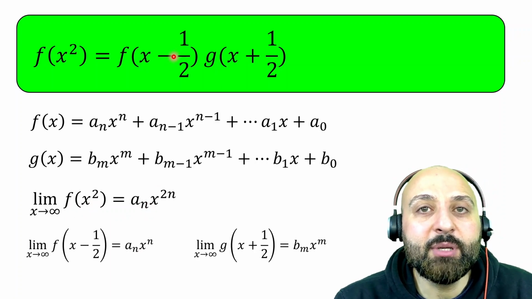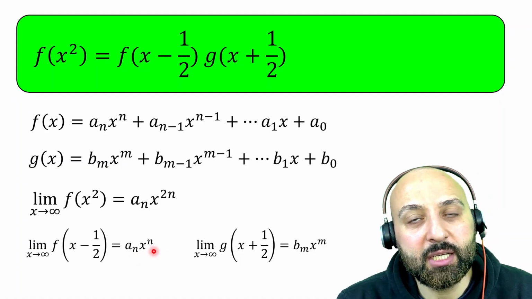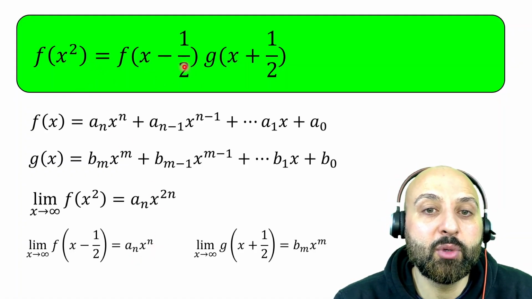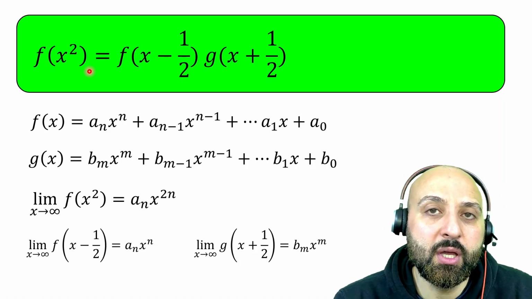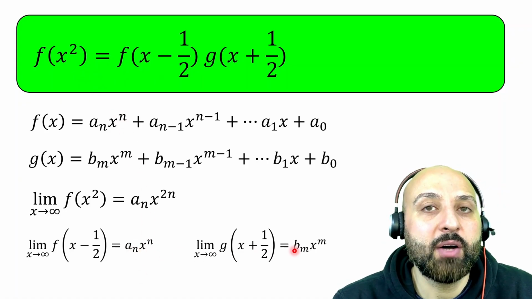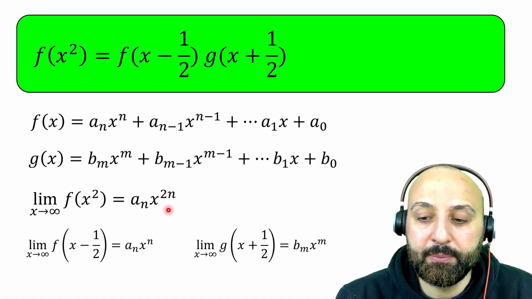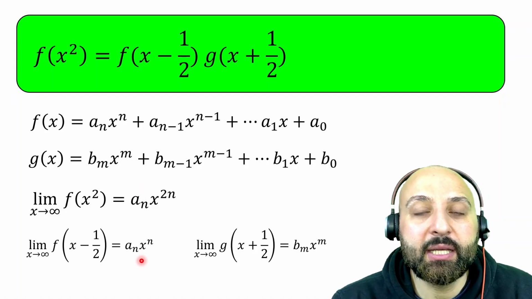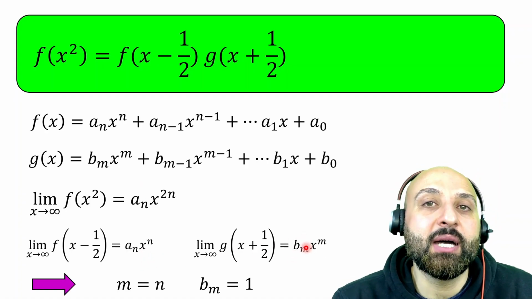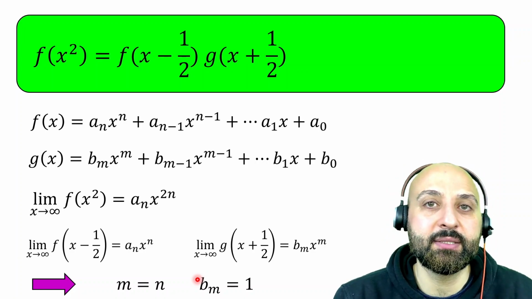For the right side, the limit of f(x) will be a_n x^n, and the limit of g(x) will be b_m x^m. Because these two multiplied have to be equal to f(x²), a_n times b_m times x^(m+n) should be a_n times x^(2n). Because a_n exists on both sides, b_m has to be 1, and also m has to be equal to n. So we obtain some information, but this information does not help us to answer the question.